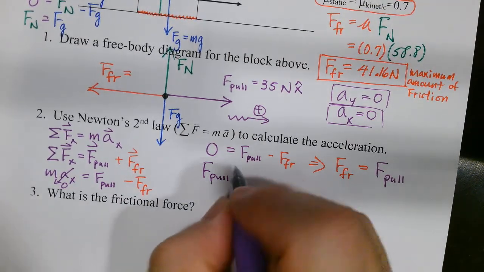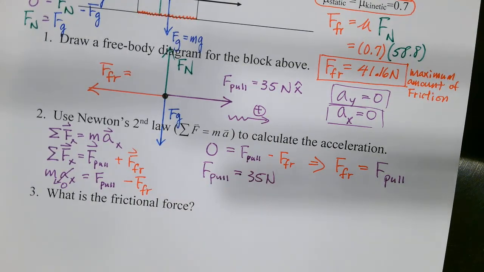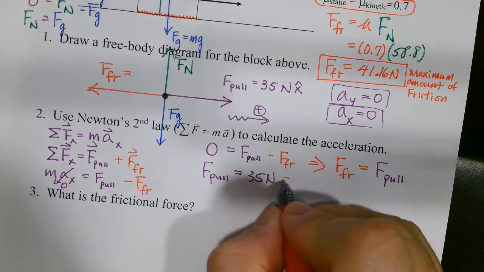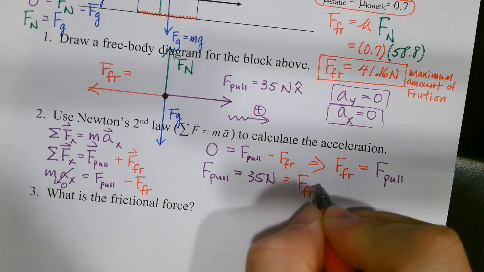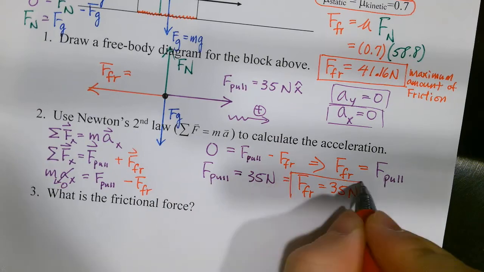So since F pull is equal to 35 newtons, my frictional value is also equal to only 35 newtons.